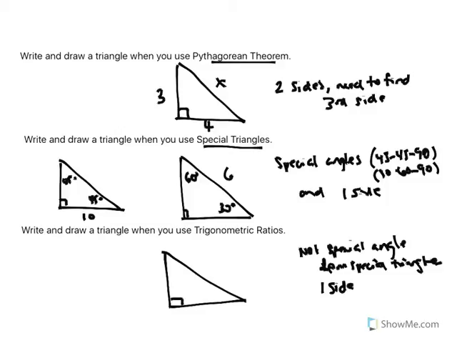So what I mean is, if they give me a 90-degree angle here, and they say this angle here is 64, and they give us one side here, there's a way to solve this triangle, and it's using trigonometric ratios.